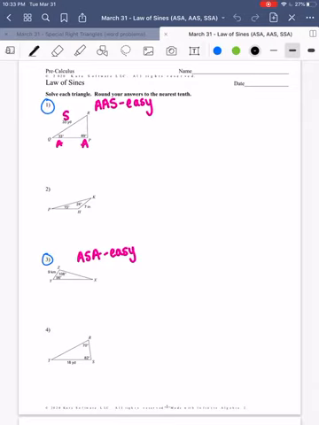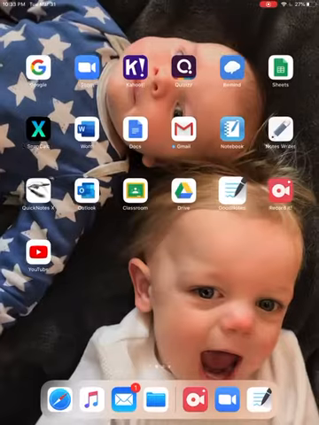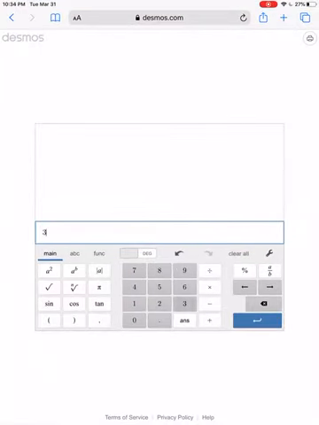All right, so let's first start by doing number 1. The first thing I'm going to do is find this angle here, R, because it's easy to find. So we're going to do 33 plus 89. It'll show up on the right side. You see that?